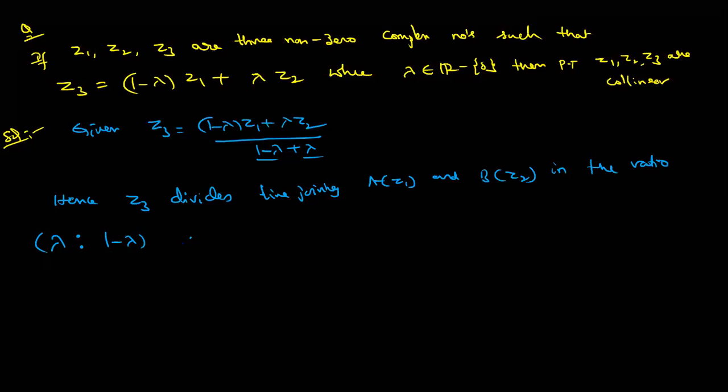Therefore, Z1, Z2, Z3 are collinear. That is the answer. So this is the concept I'm giving.